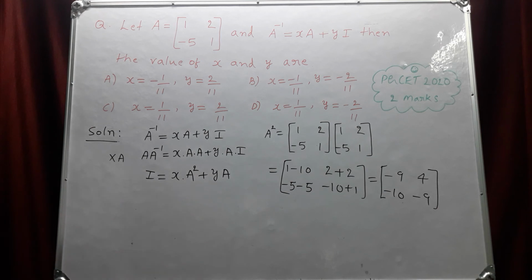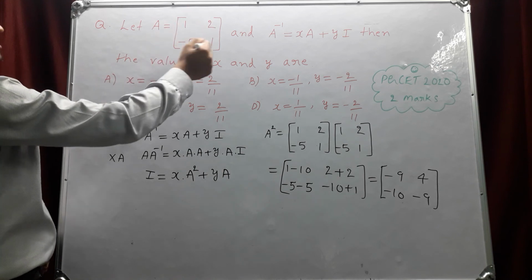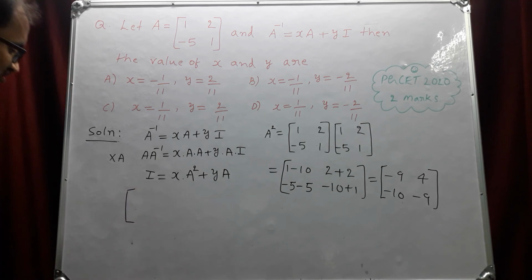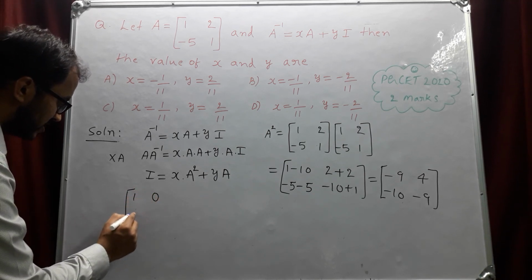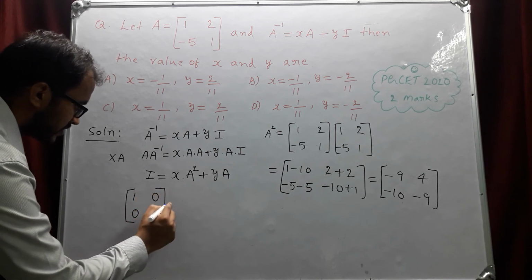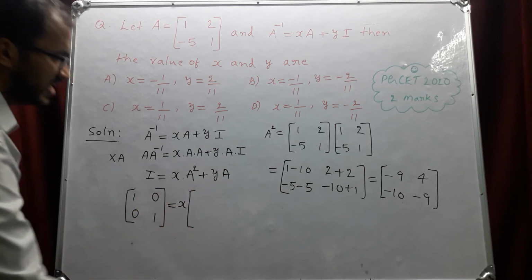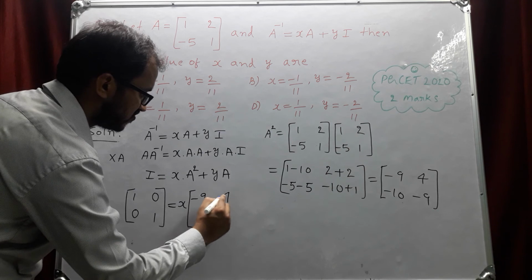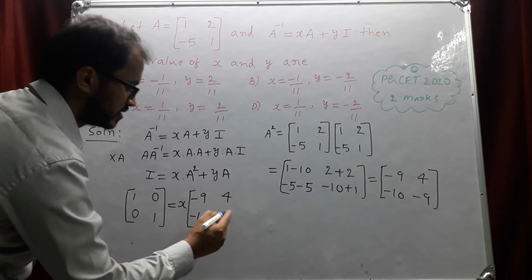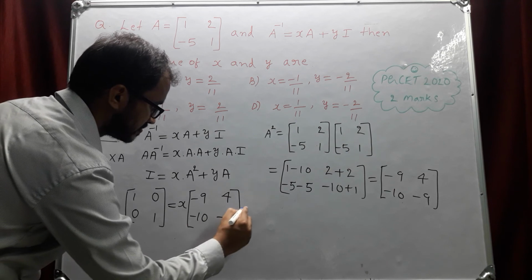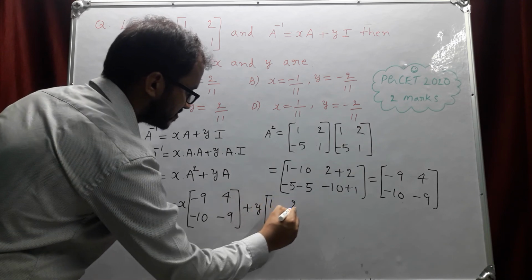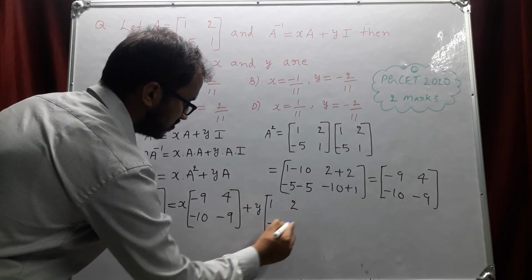So now substitute the values. So here I means the identity matrix. So given matrix is of the order 2. So we have to consider again identity matrix of same order, that is 1, 0, 0, 1 is equals to x into A square. The value of A square is minus 9, 4, minus 10, minus 9 plus y into A. A means 1, 2, minus 5, 1.